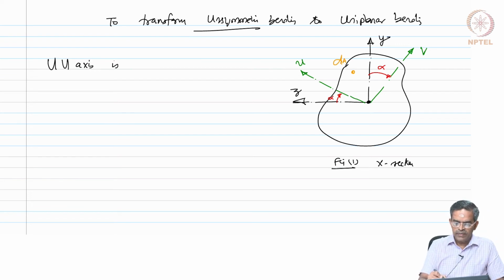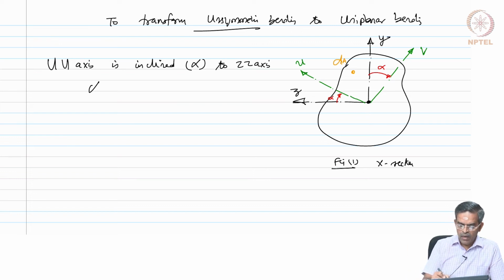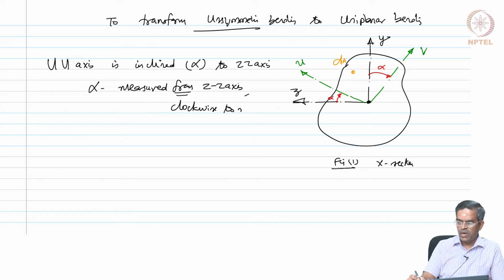Okay. One can very well see here that UU axis is inclined alpha to ZZ axis. Alpha is measured from ZZ axis clockwise to mark UU axis.